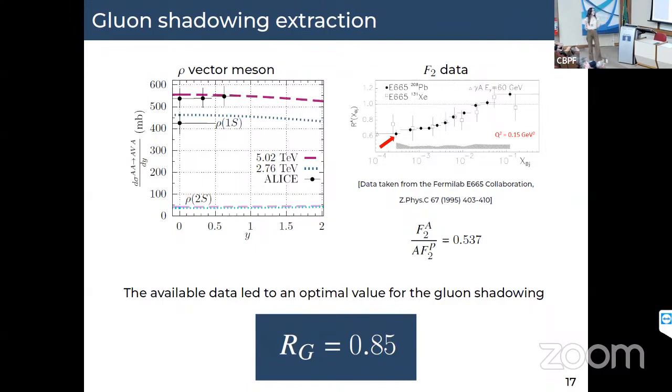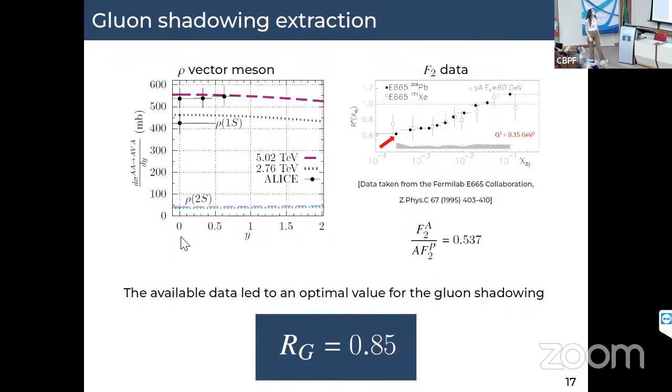We did it effectively by fitting the available data for the rho vector meson production and one data point of the F2 structure function on a scale that is appropriate with the scale of the rho vector meson, that is 0.15 GeV squared. So we minimized the results for all these 5 data points, and we got an optimal value for the gluon shadowing that is 0.85.